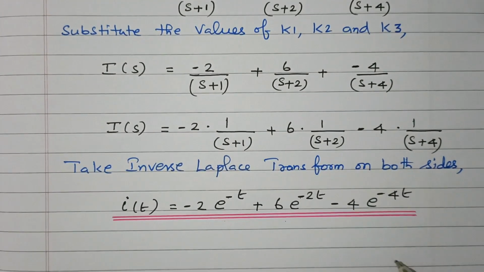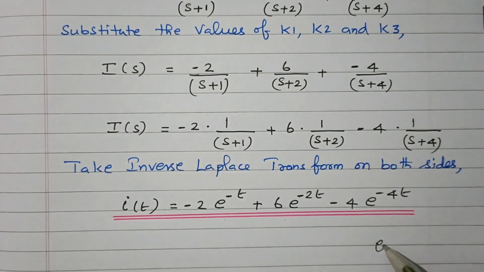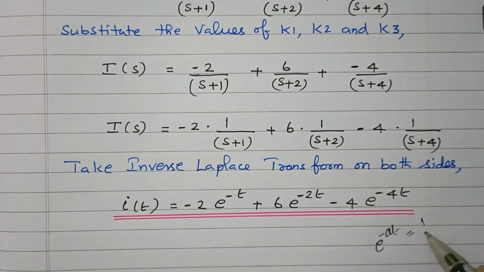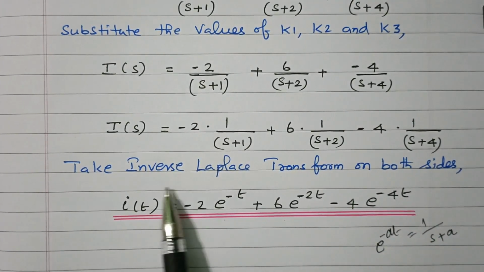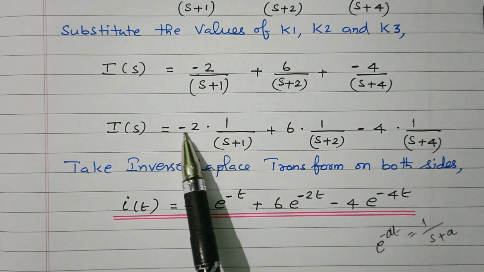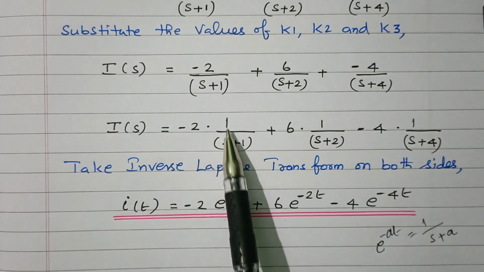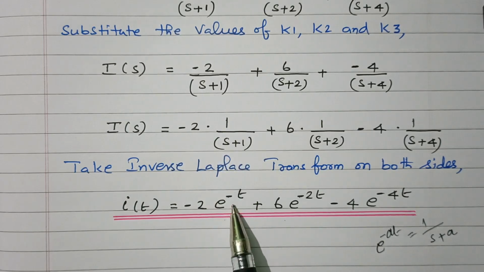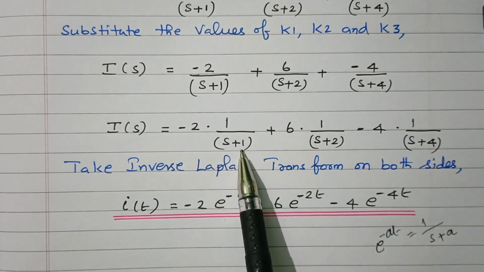Right. We know that e power minus at corresponds to 1 divided by s plus a. So we will take the inverse Laplace on both sides. By using the formula we can write: minus 2, and 1 divided by s plus 1 is e power minus t, since here a is 1.